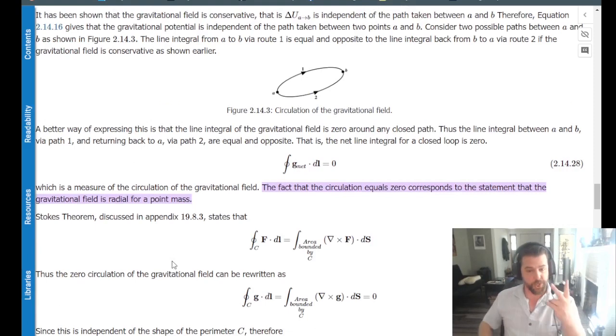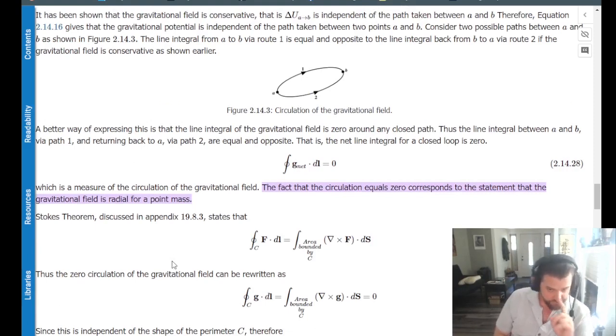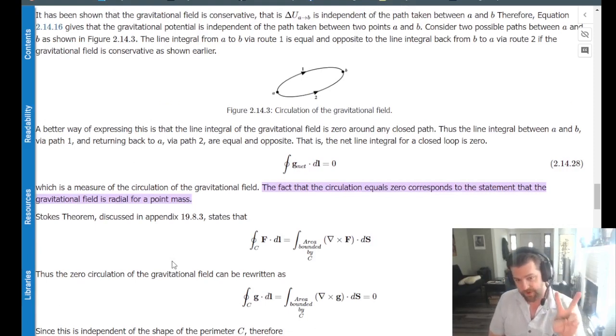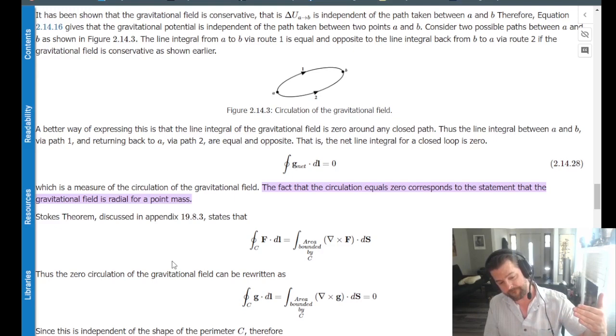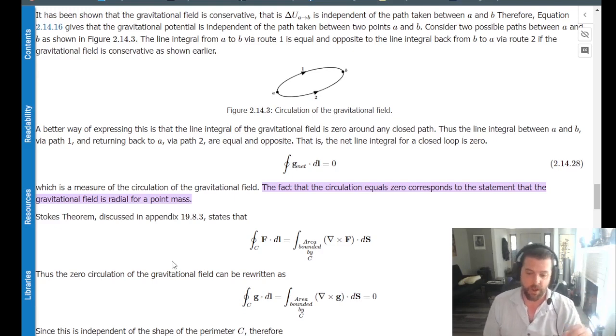So we have 2 fields we've gone over so far, an electric field and a gravitational field. The force carrier particle is going to be the virtual photon, according to my theory of gravity, and both of those fields are conservative and hence curl-free. You're like, well, what does conservative mean?